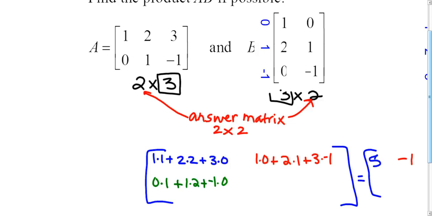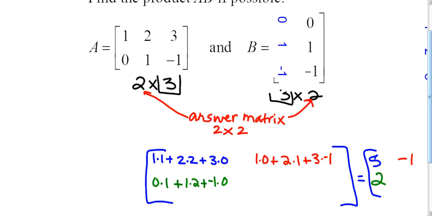When I simplify all of that, I get the number 2. Notice I multiplied the second row by the first column when I did that. My answer went in the second row and the first column. So I'm going to keep moving that row through that second matrix until I'm done with all of the columns.